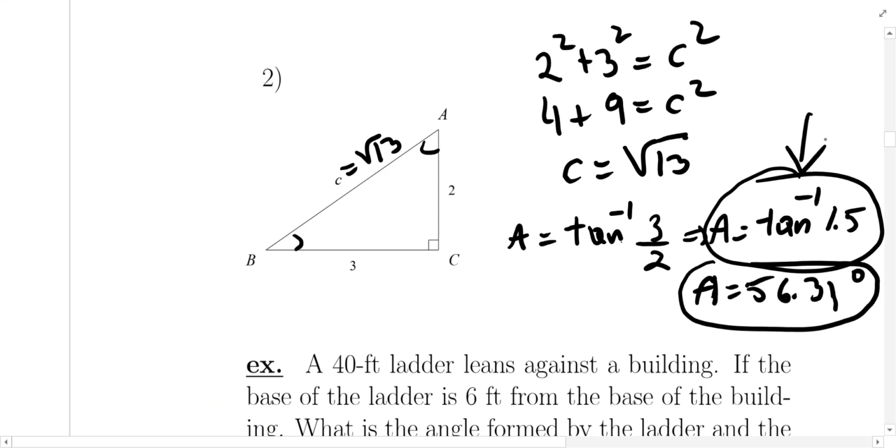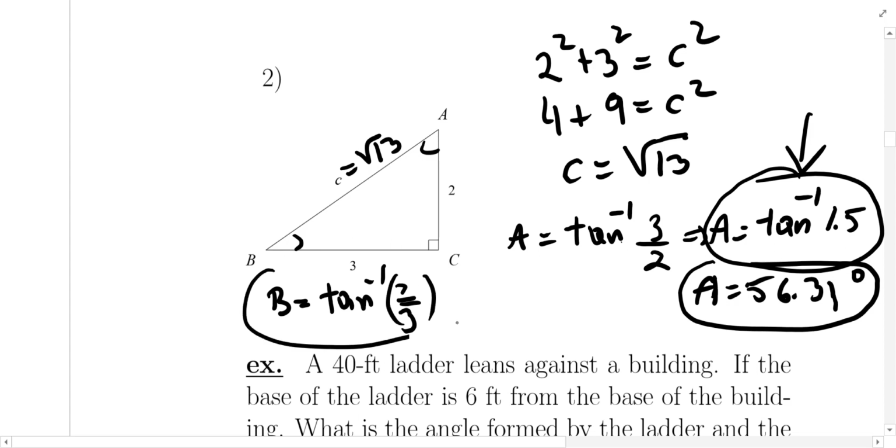But like I said, the previous answer is legitimate. And for angle B, I can do B is also tangent inverse of opposite over adjacent, which is 2/3. So this will be a legitimate answer.